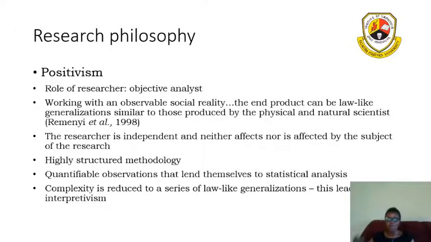Therefore, we can come to the conclusion that early childhood pregnancy affects the education of the girl child. Early childhood pregnancy affects the education of the girl child. So that is a positivism philosophy.